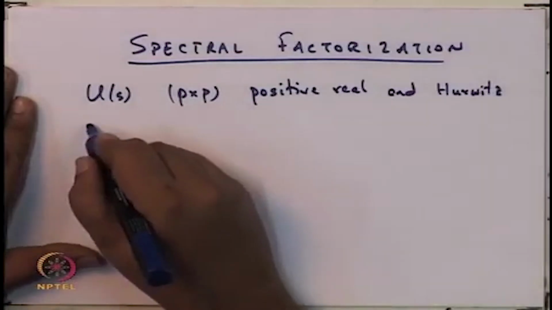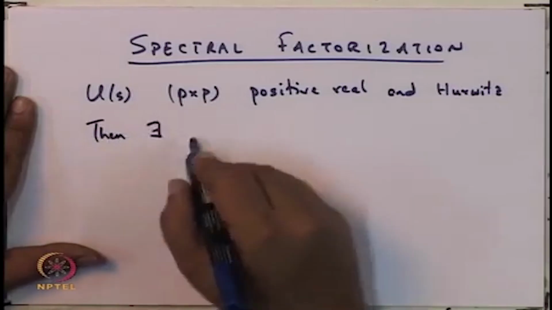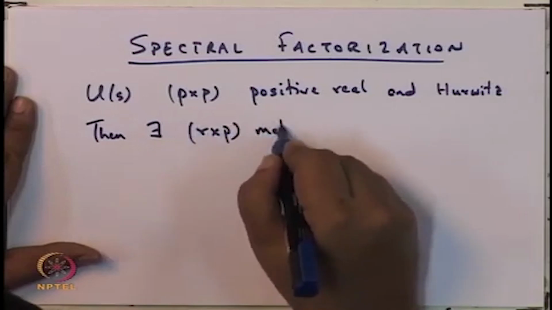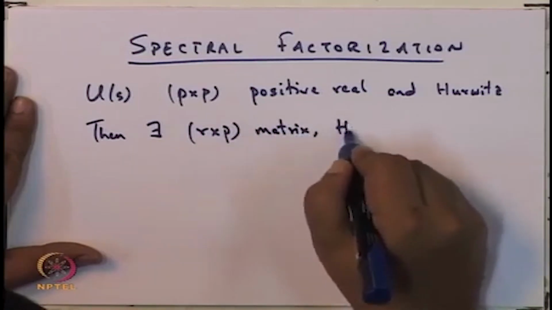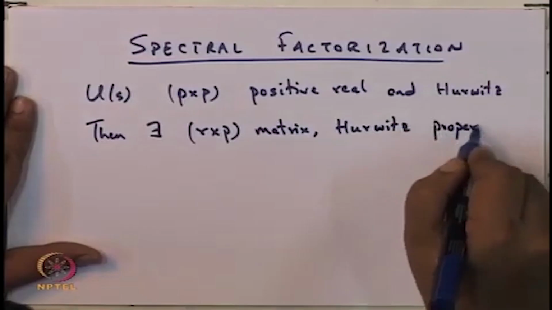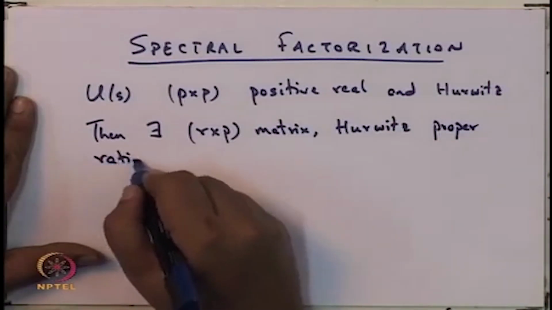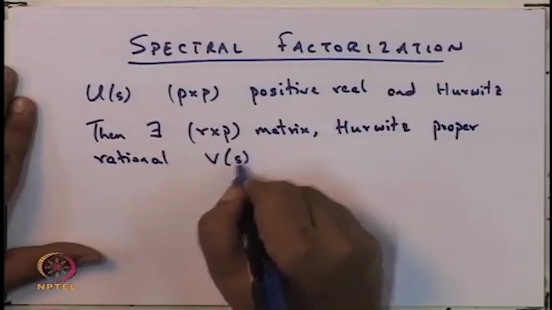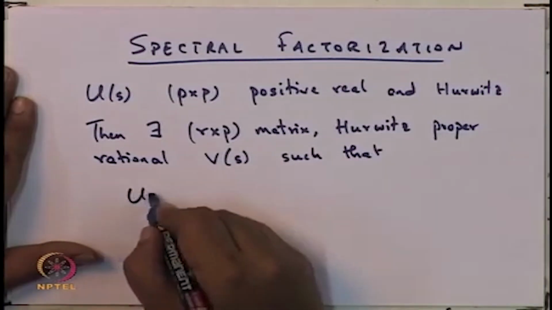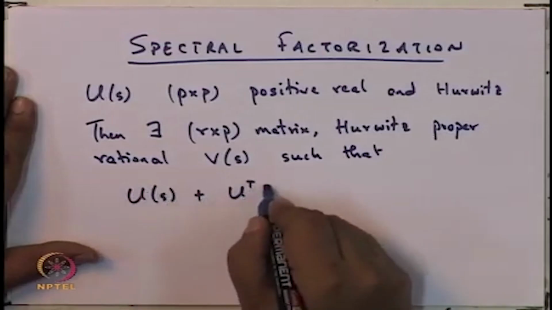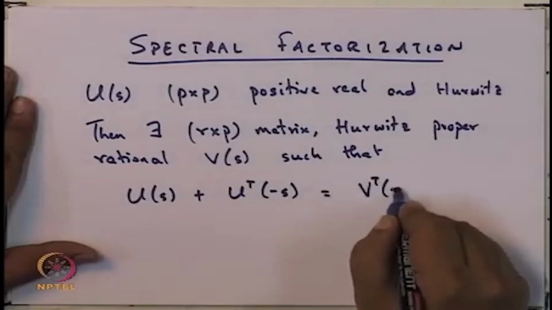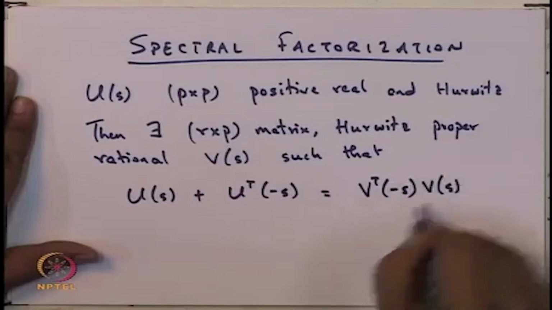Then there exists an R cross P matrix which is Hurwitz, that means stable, proper rational, and let us call this matrix V(s), such that U(s) plus U transpose of minus s is equal to V transpose of minus s times V(s).